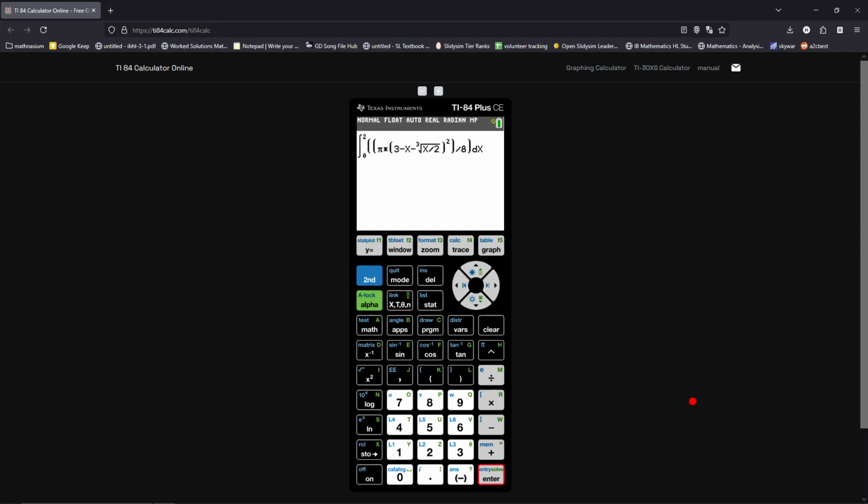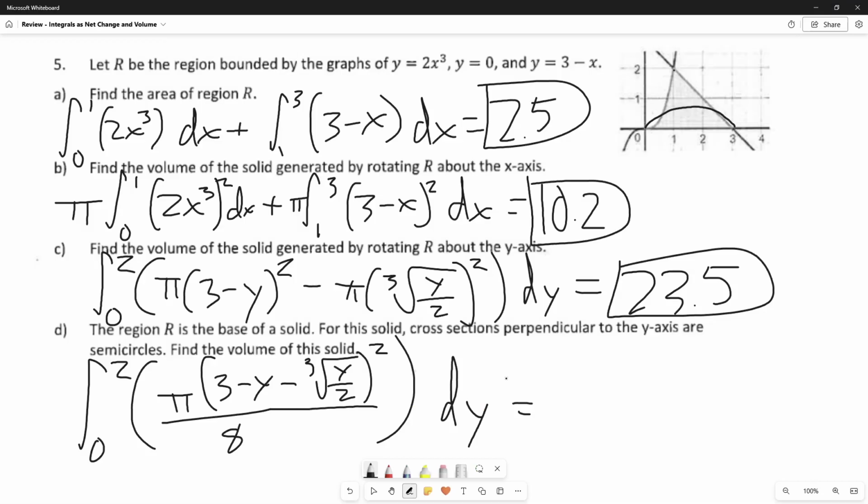And that's going to be 1.69. So our final answer is going to be 1.69 units cubed.